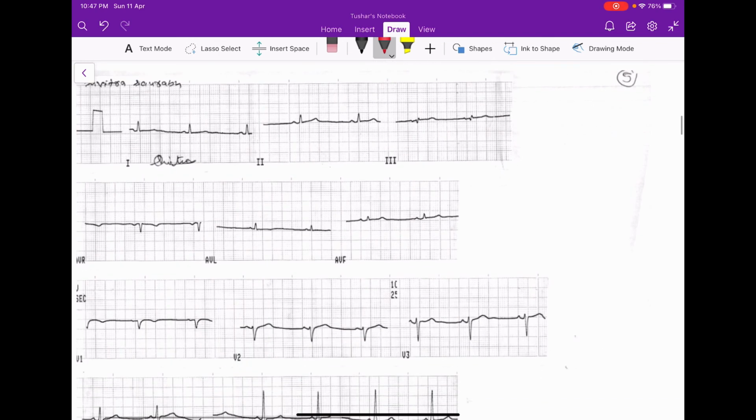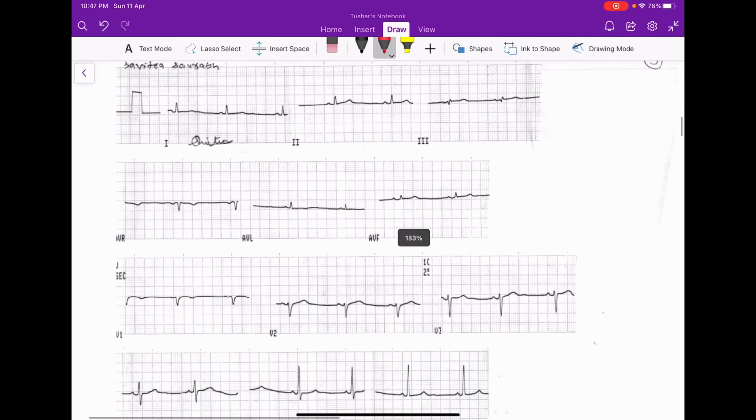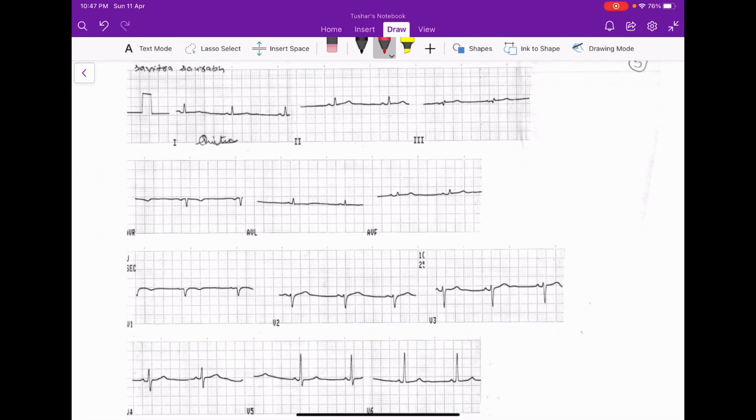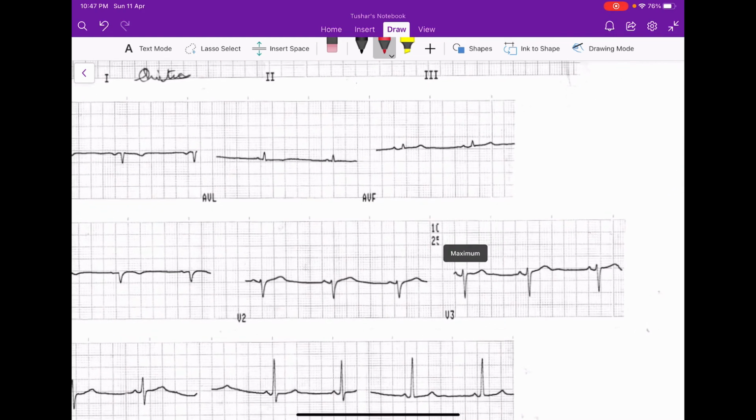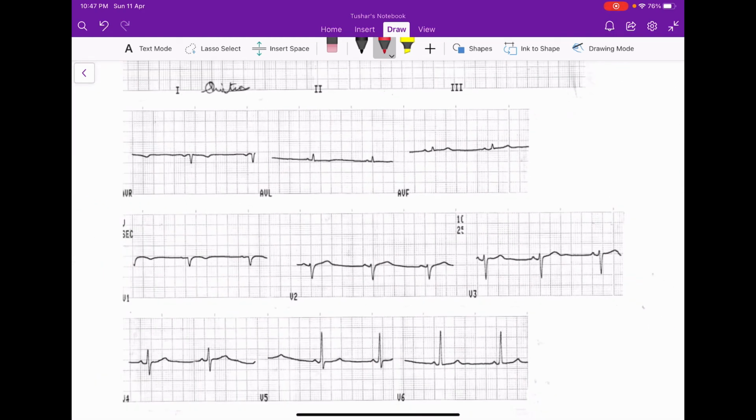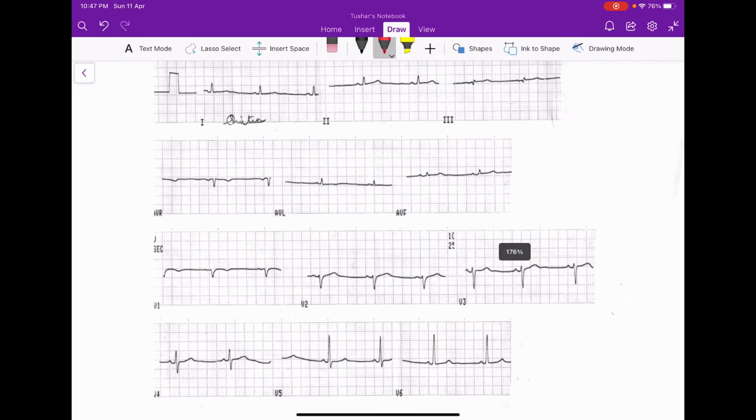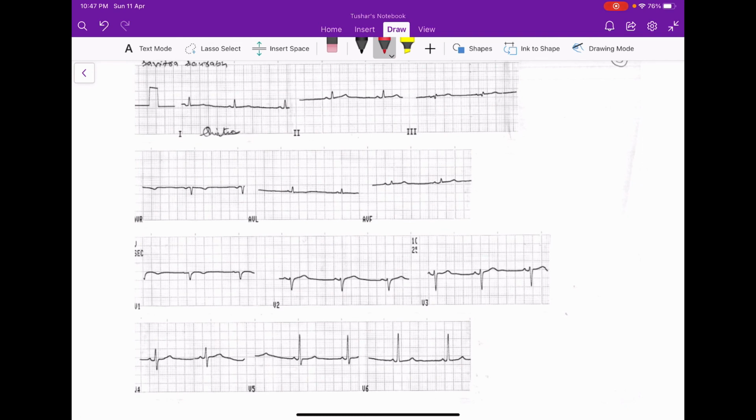Coming to the next ECG. This ECG is an ECG of sinus bradycardia. So now I'll show you how to calculate the heart rate on this ECG. If I see, the standardization is normal.